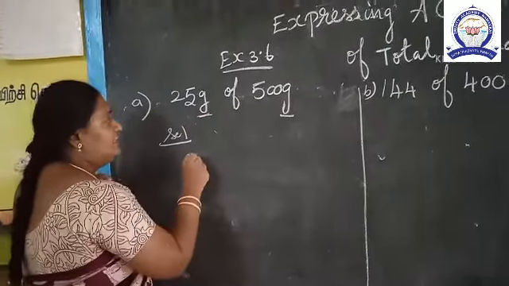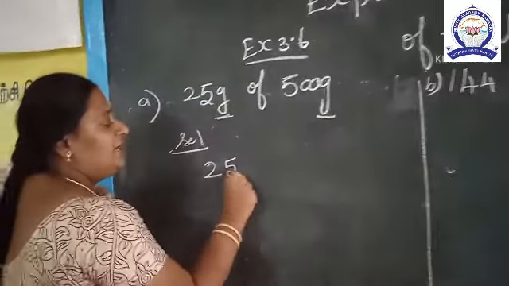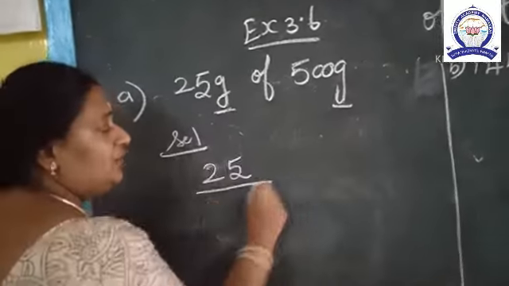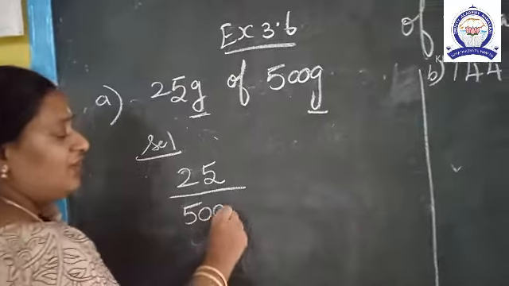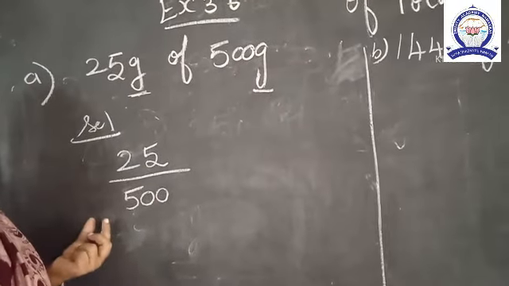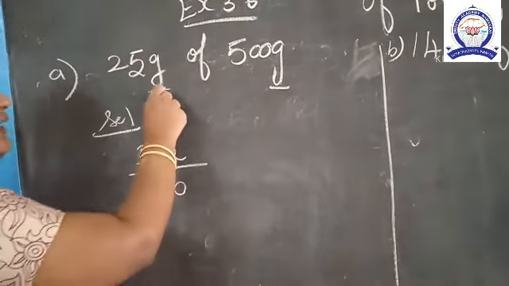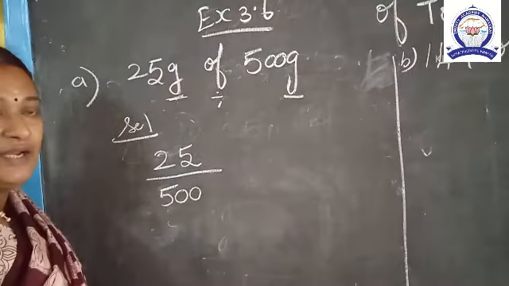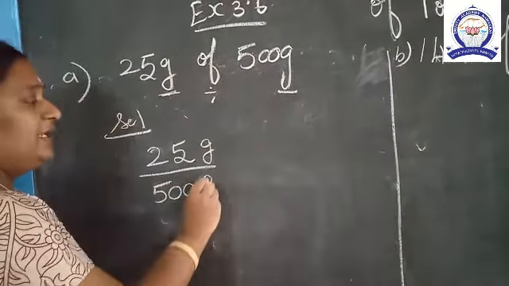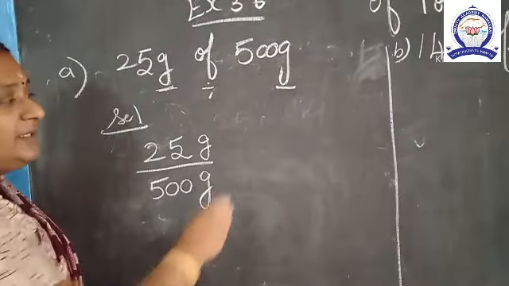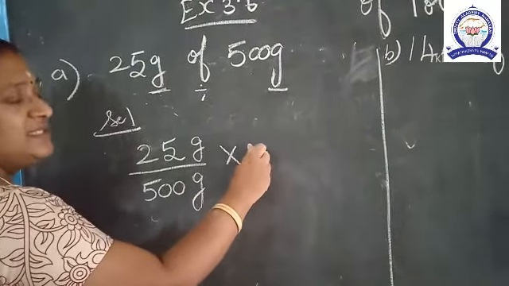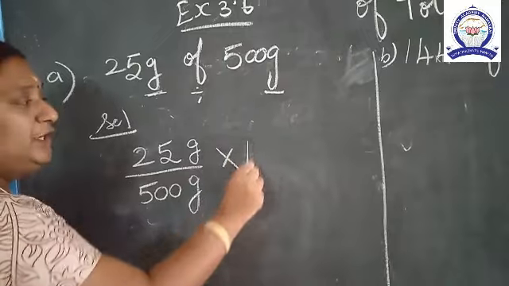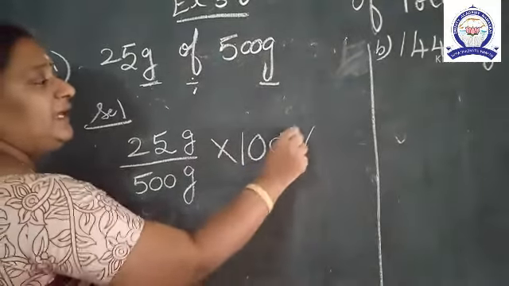So for first step, 25 out of total 500. So 500 எங்க எழுதணும் denominator எழுதணும். So இங்க 25 gram divided by 500. So here also you write gram, here also you write gram. Into percentage ல கண்டுபிடிக்கணும். So into 100%.